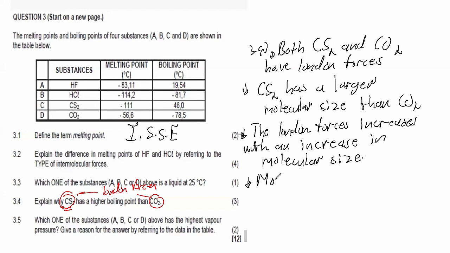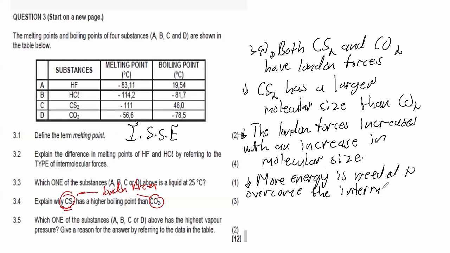That means more energy is needed to overcome the intermolecular forces in CS2 than in CO2. That's it. So that's how you go about explaining that one.